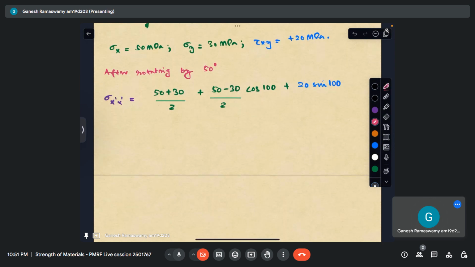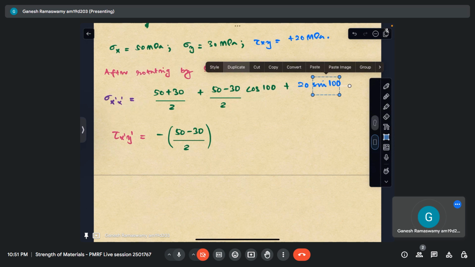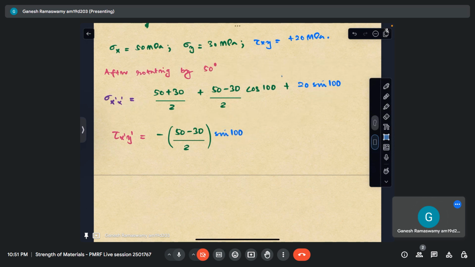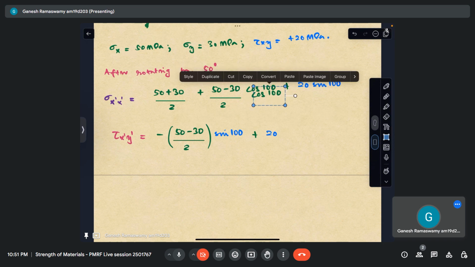Similarly, we'll have tau x prime y prime as minus of this quantity into this plus this into this.